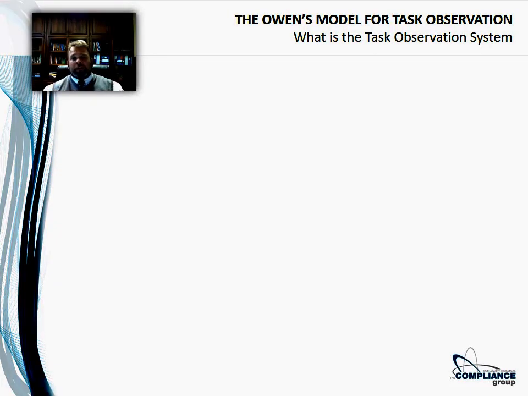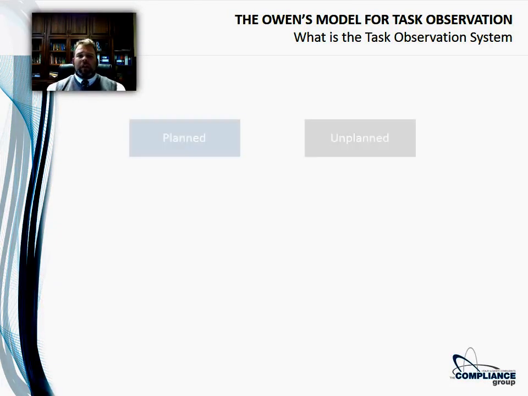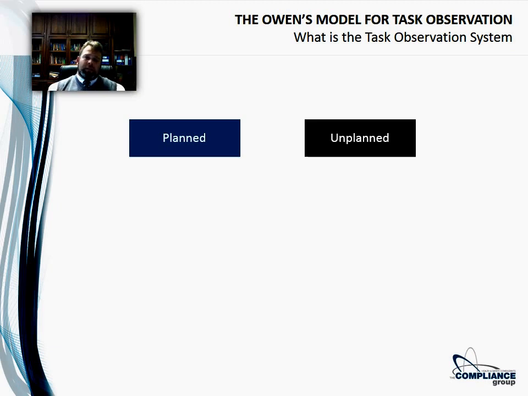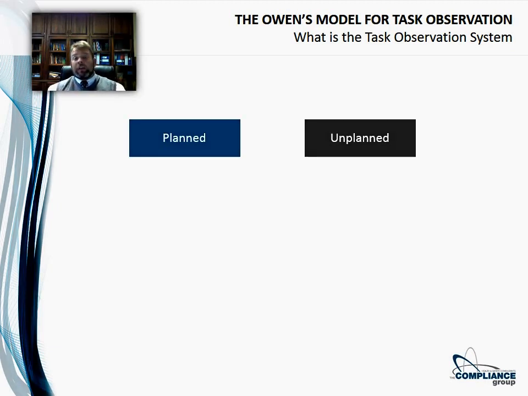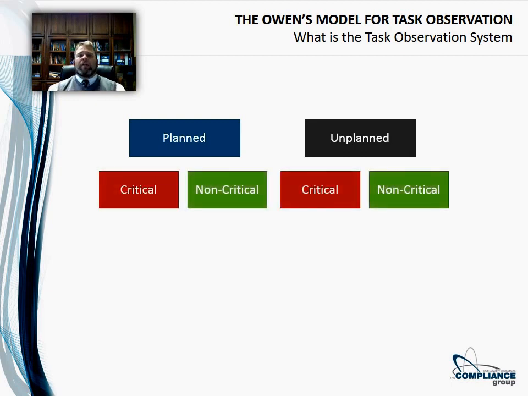That is why the correct term to use is the task observation process. When we look at the task observation process, we have either planned or unplanned task observations. Under each of these areas, we would have critical task observations and non-critical task observations.